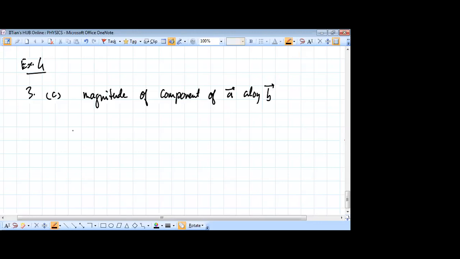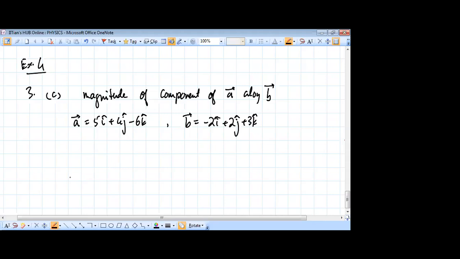That's simple. Where A is given to us as 5i cap plus 4j cap minus 6k cap, and the vector B is given to us as minus 2i cap plus 2j cap plus 3k cap.